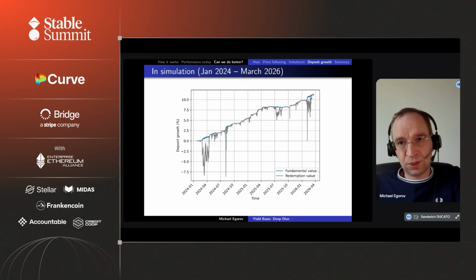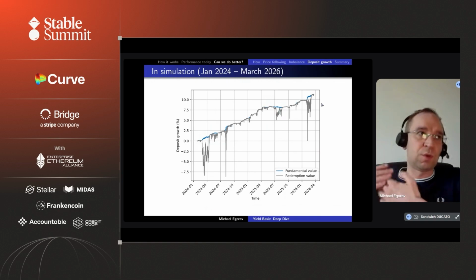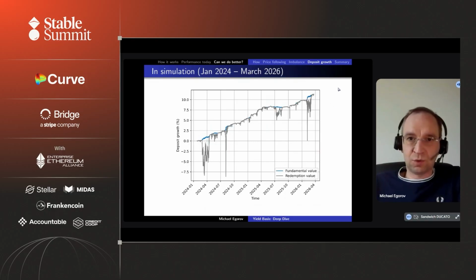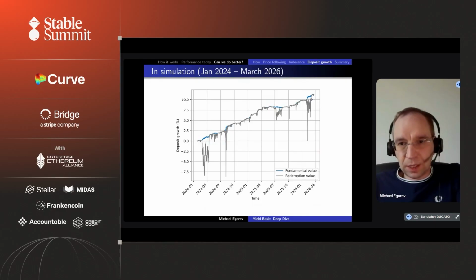Fundamental value doesn't have these drops, but that's for a different reason. And redemption value, the value you can actually withdraw, doesn't reduce for too long. Sometimes the pool goes out of balance, so you get less withdrawable for some time, but not this long. So this graph looks clearly much better than before.